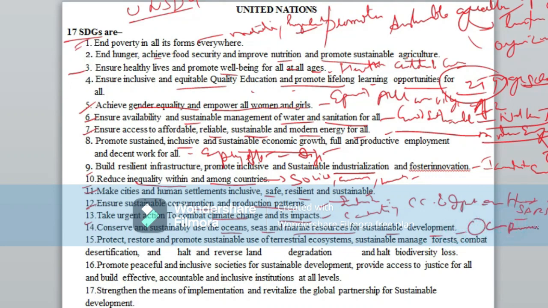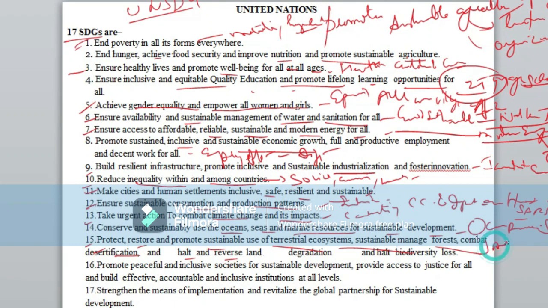Ocean resources should be sustainably used. 15th aims for protection, restoration, and promotion of sustainable use of terrestrial ecosystems, sustainable management of forests, combating desertification, halting land degradation, and halting biodiversity loss.